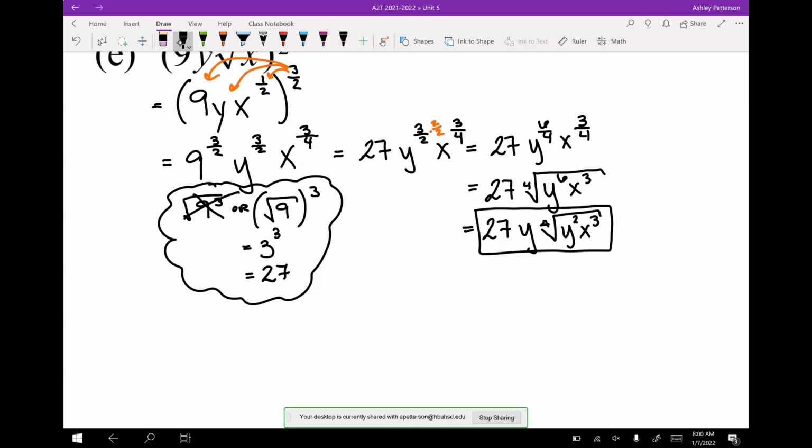If you chose to take 27y on the outside and then write y to the 2/4, y to the 3/4, so that you could then reduce to be y to the 1/2, y to the 3/4, I would accept that also. I don't know that it's necessary though.